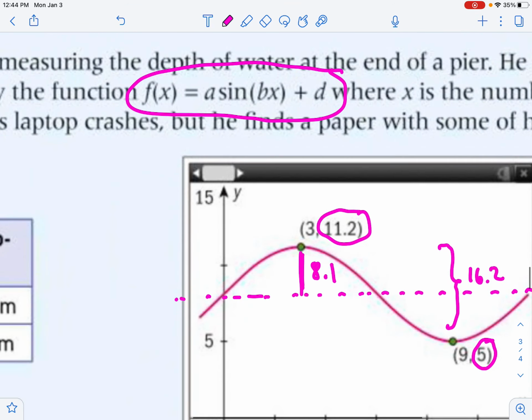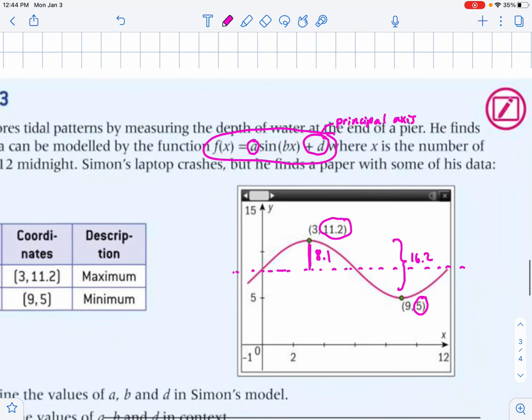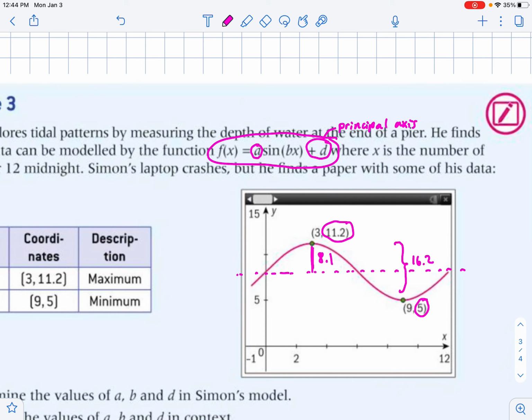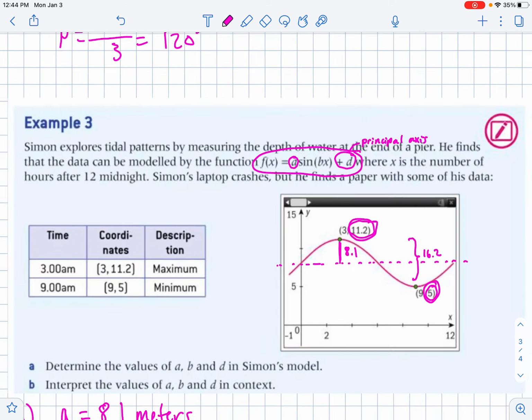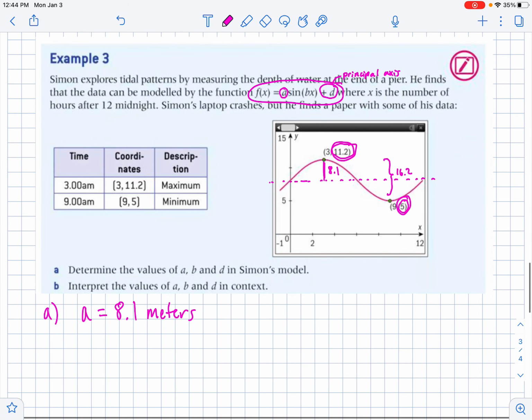Now, we just found the A value right here. That's the amplitude. The D value is the principal axis. So the principal axis is halfway in between 11.2 and 5. So we can just average those two together to find the principal axis.